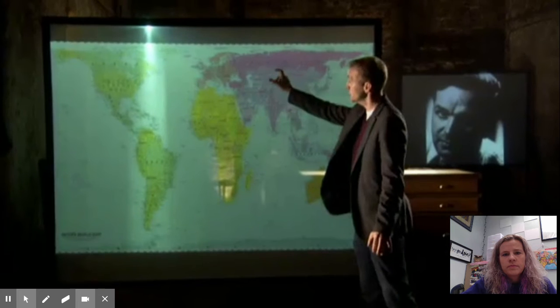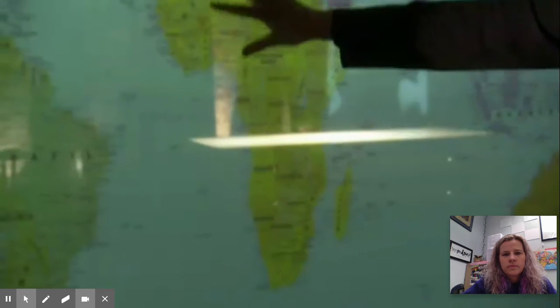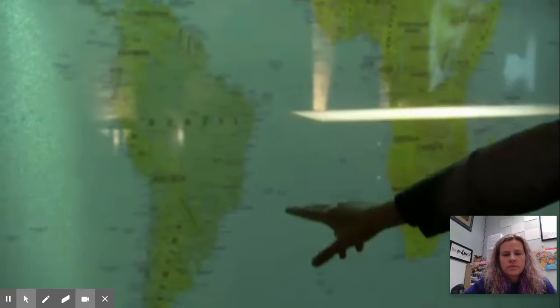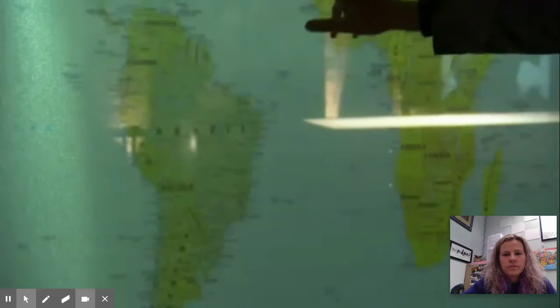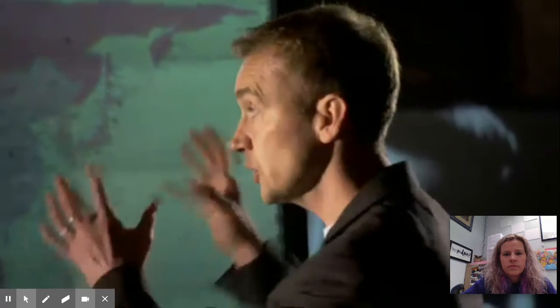He dramatically reduced the size of Europe, whilst expanding the size of Africa, elongating South America. And it's still something of a shock to look at this map and see how large these two continents loom on the Peters projection. Peters regarded himself as a champion of what he called the non-white peoples, and he saw this map as part of a wider project to right the wrongs that he saw as being perpetrated against those people living in the developing world.